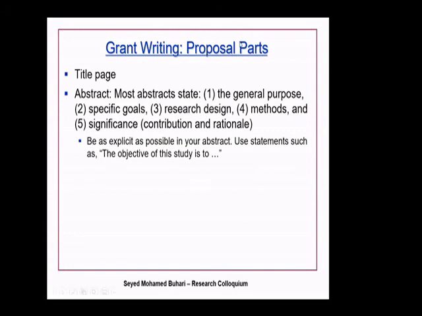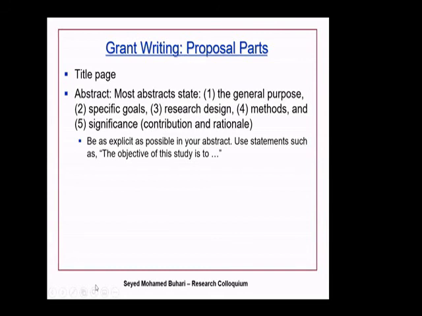So in a grant, in a proposal, you have these things. You have a title page, as expected. You have the abstract. As usual, abstract is something which people might read and then reject or accept the proposal straight away. In the abstract, you need to write what is the purpose, what are the goals, what are the methods, what is the significance.